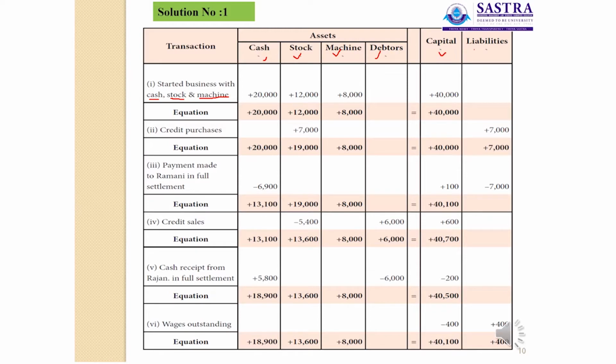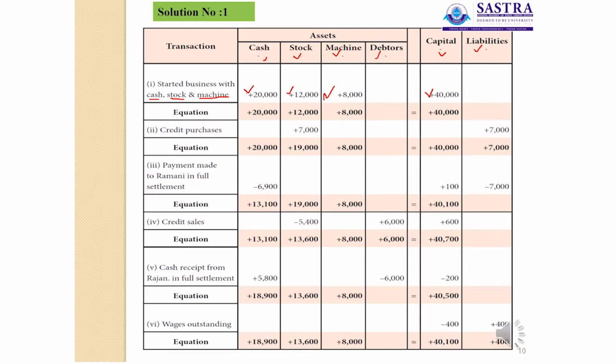Here started business with cash, stock and machine. The cash value increased rupees 20,000. Stock value is also increased, plus 12,000. Machinery value is also increased rupees 8,000. So the total of all these items, rupees 40,000, is the amount of capital credited.